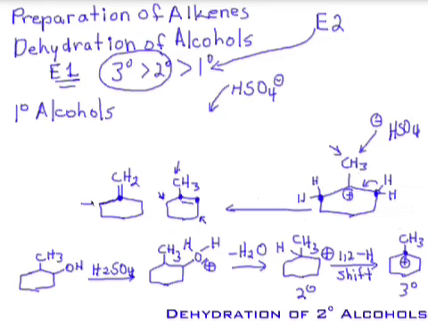I've only got 2 substituents off of this one. 3 substituents is more substituted. According to Zaitsev rule, more substituted is more stable, and when the more stable is major, you're following Zaitsev elimination. That's the usual form elimination takes place. So indeed, this more substituted one is major, and he is minor.